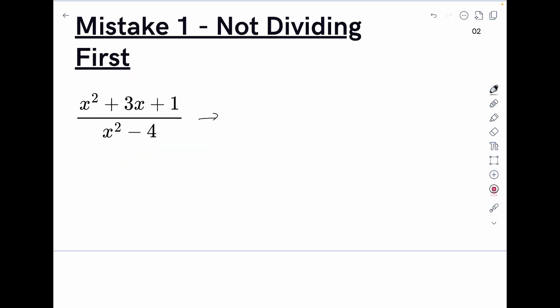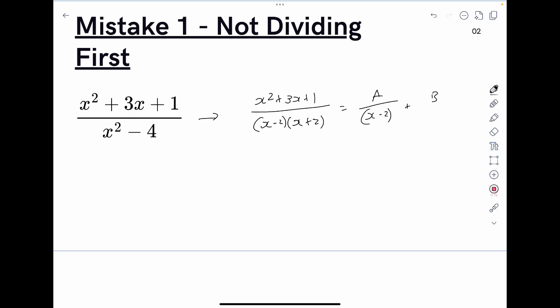So if we break this up, we get x minus 2, x plus 2 at the bottom, and according to our basic logic we just get A plus B, right? And then we can simplify.